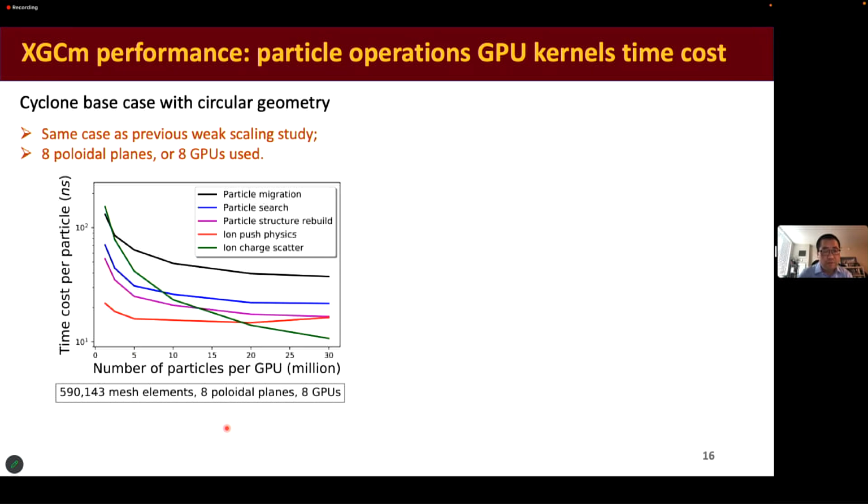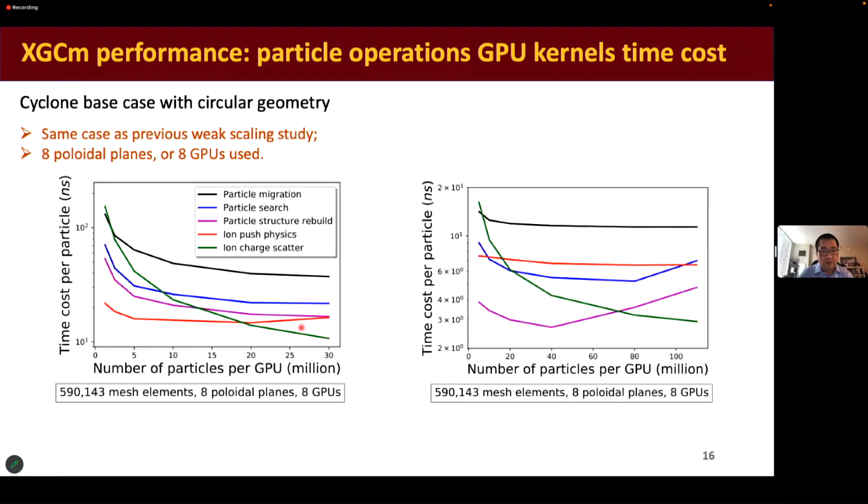What we found is, for our different particle operations, for example particle migration, particle search, particle structure review, the push operations, and the charge scatter operation, you can see that with a fixed number of GPUs, using more particles per GPU actually reduces the time cost per particle for most of the particle operations.